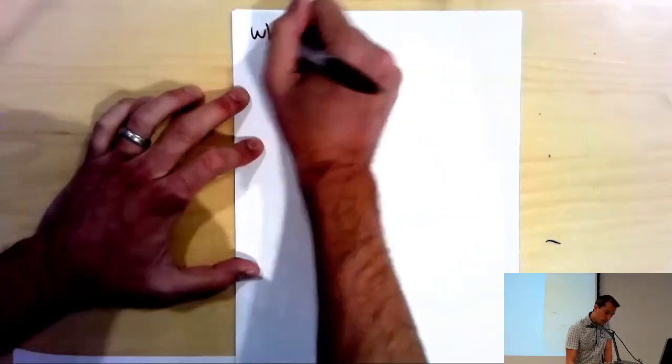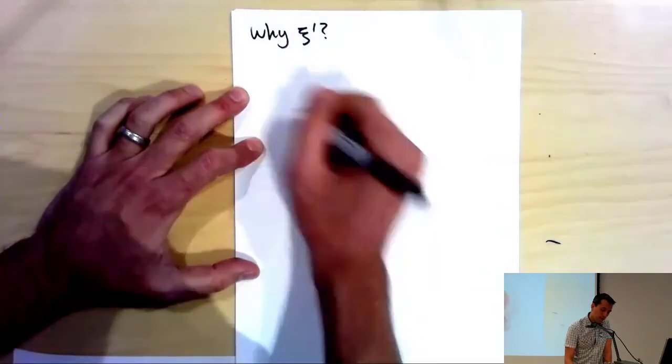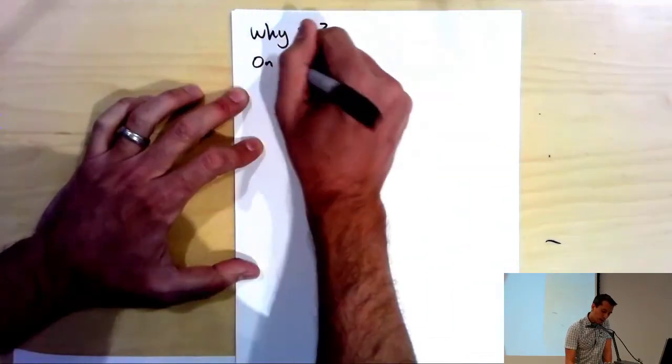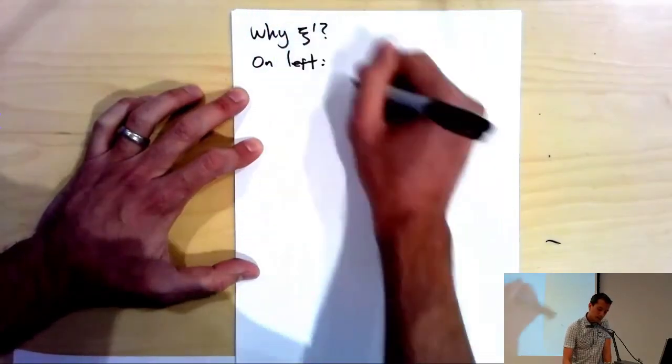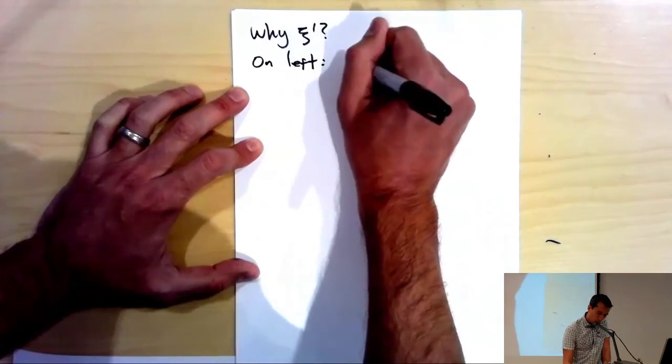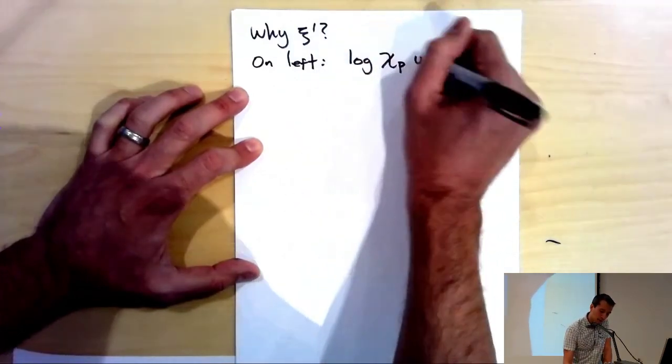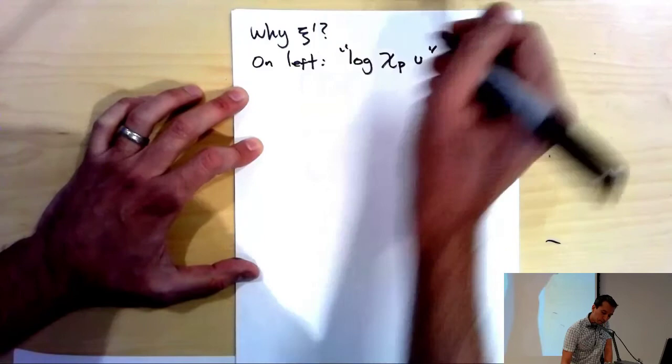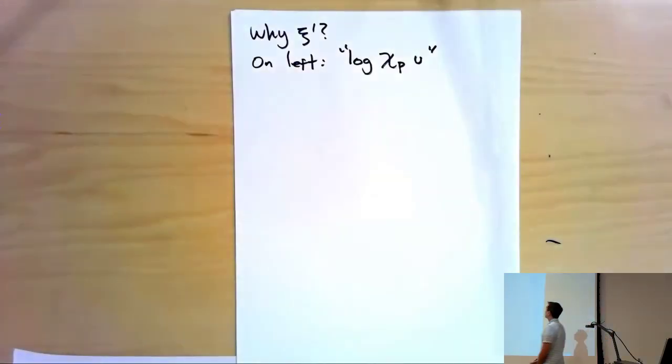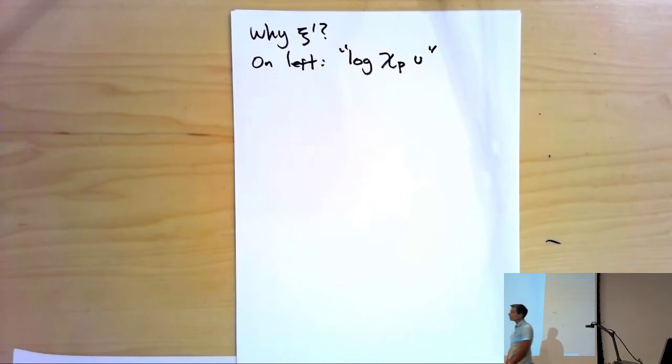So why C prime, I'll just say something very brief. On the left, it comes from cup product with the log of the cyclotomic character, in some sense. There's a way to interpret cup product with log of cyclotomic character as this derivative.